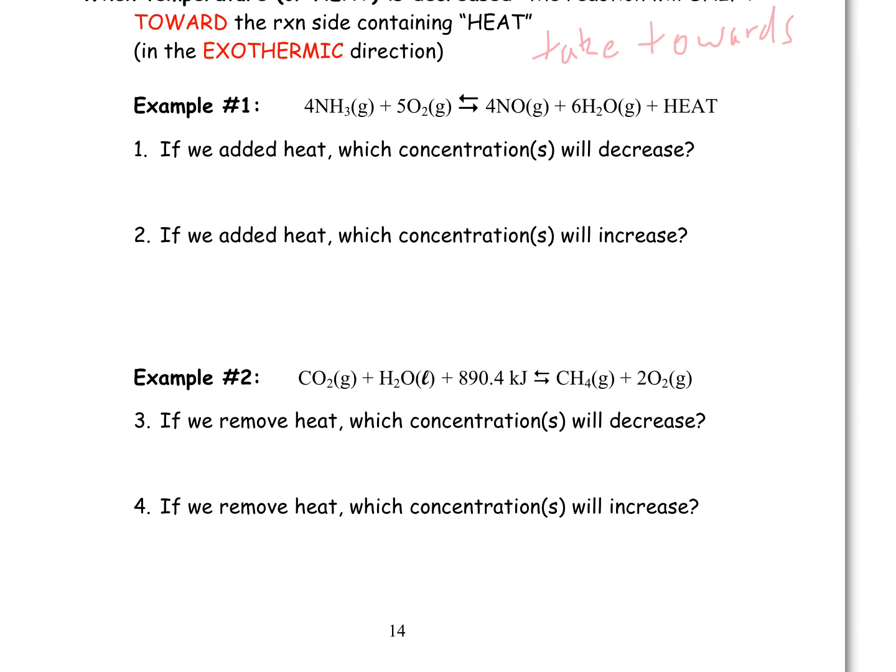So if I have my examples here, heat is a product over here. If we add heat, add goes up, away. Which concentrations will decrease? Well, we're shifting away from the products, so the concentration of my products, NO and H2O, will decrease. Using those brackets are going to be really important when we're talking about concentration.